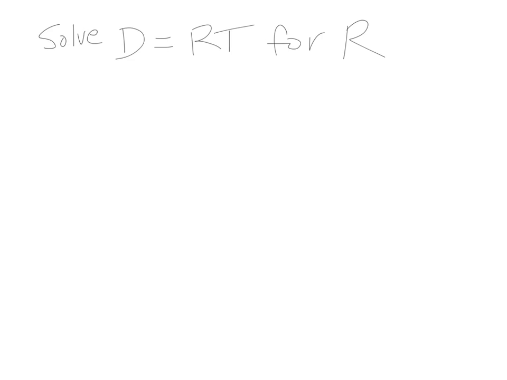To get a letter by itself, you do the opposite of what's being done to it. The r is being multiplied by t. So the opposite of multiply is divide. I want the r by itself, so I divide by t. And the t's cancel. Then we have d over t equals r. R is by itself, so that's all you do with that. That one's finished.